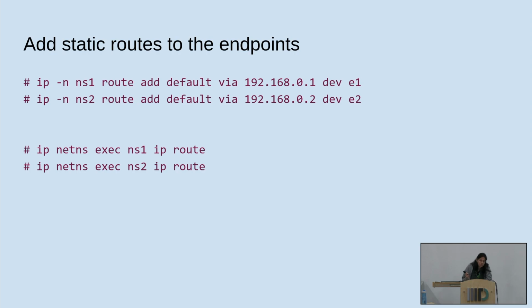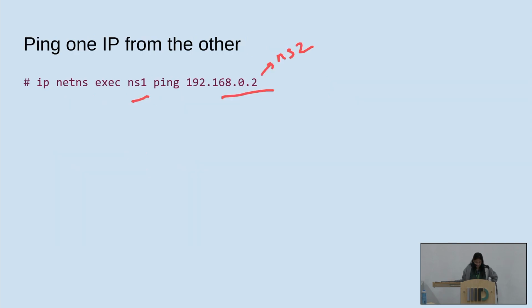Instead of 0.1 and 0.2, try 0.3 and 0.4. Once you add the routes, please try the ping again.